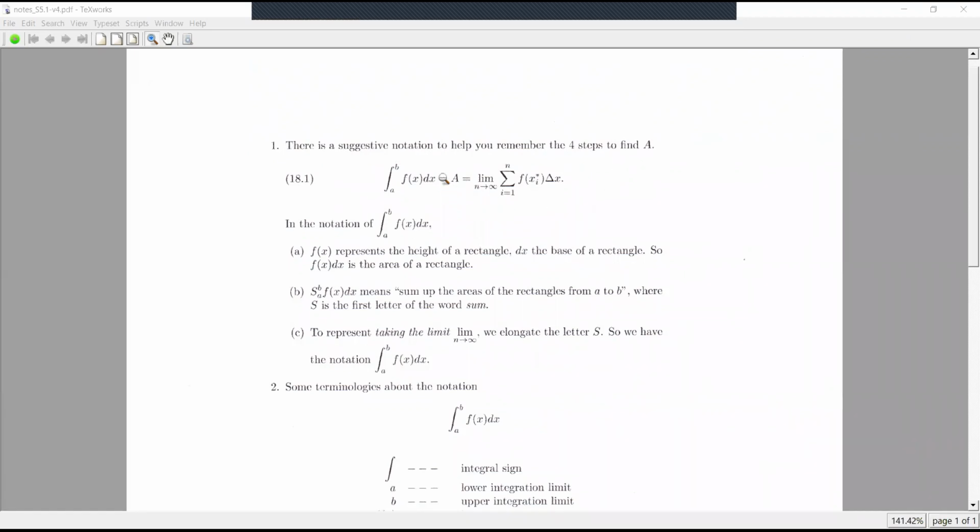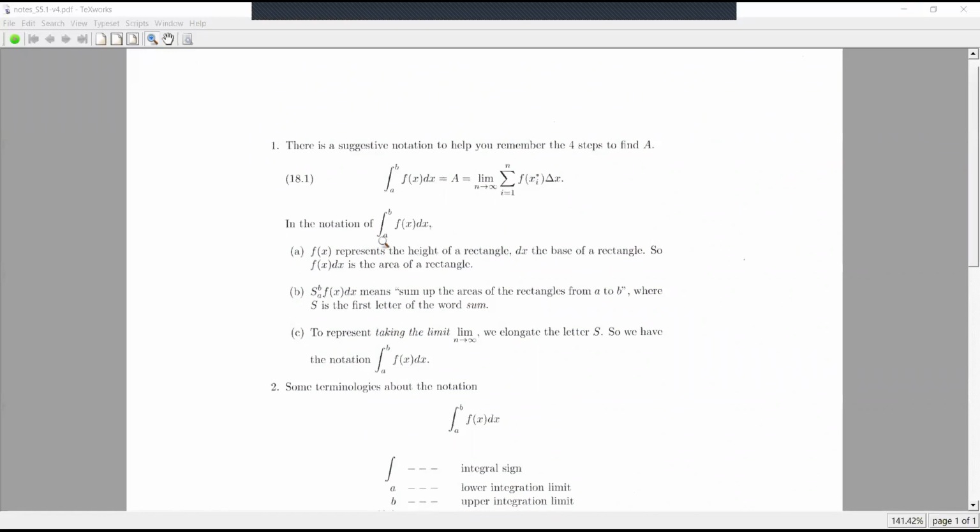Instead of using A, which is a letter that contains only a little information, A just means area. Instead of using A, we use this notation to denote the area of the region. This notation contains a lot of information.